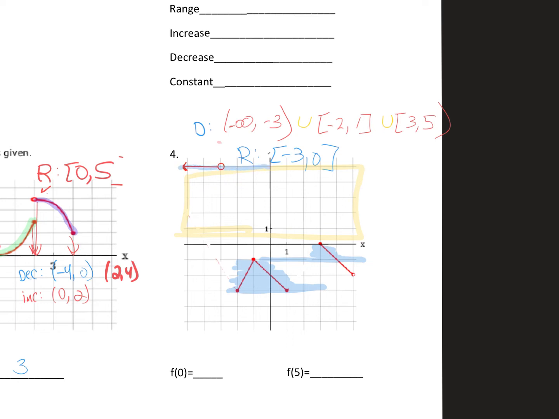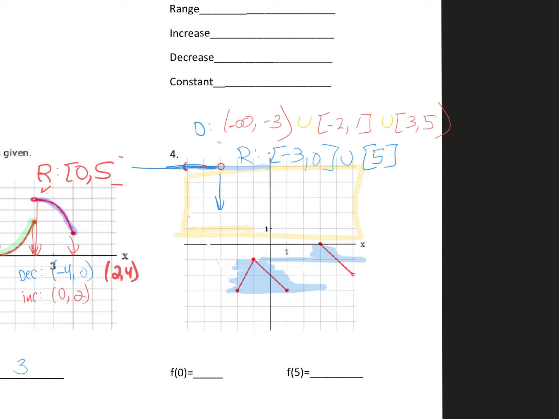Is anything above y equals 5 being used? No. Is anything below y equals 5 being used? No. Just 5. That's why this 5 is all by itself in a bracket. Because it's included right there. It's not included here at that x value, but it is included right there at 5.